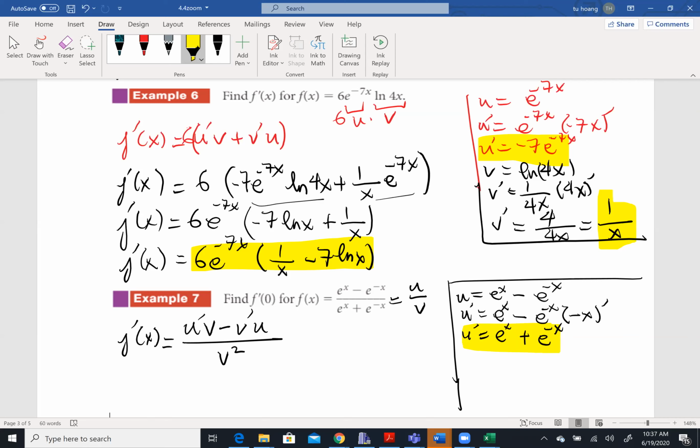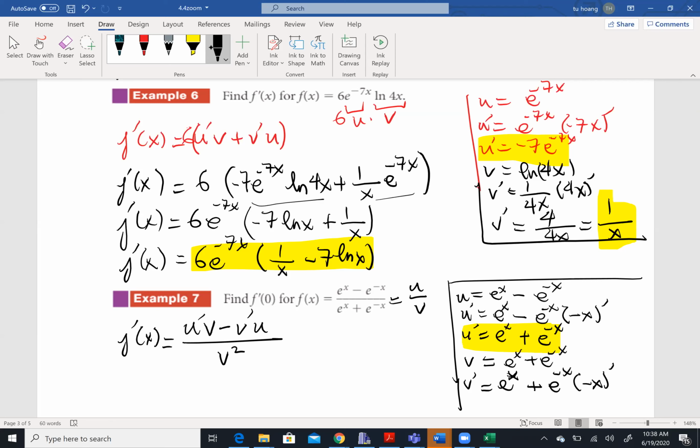And for v, I have e to the x plus e to the negative of x. And I take the derivative of that, I'm going to have e to the x because e^x derivative is e^x, right? And for the next term, the derivative is itself multiplied with the power, which is negative x derivative, right?